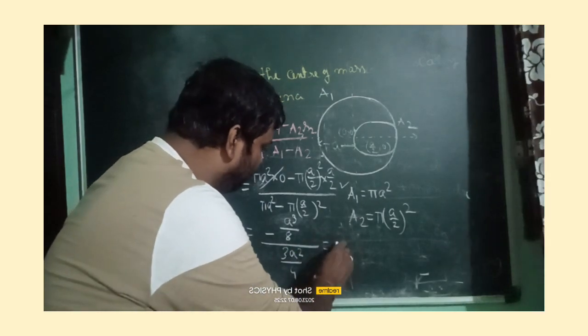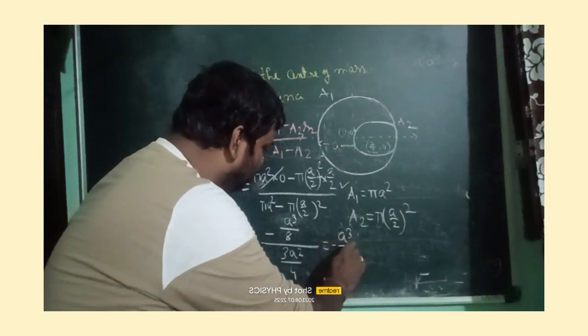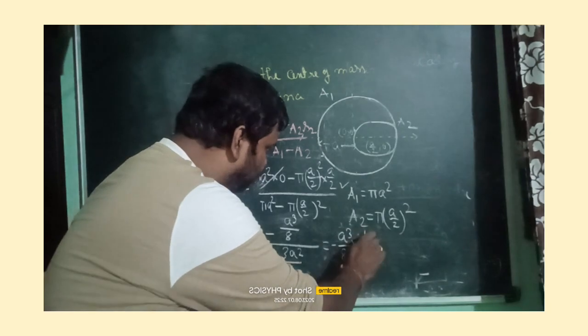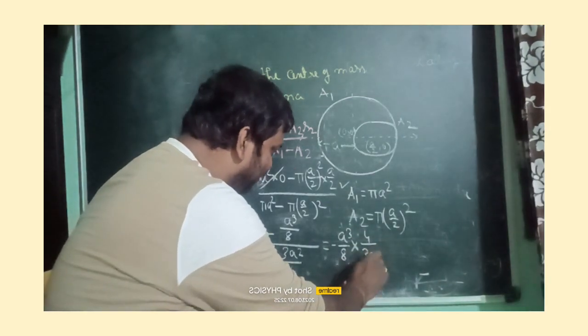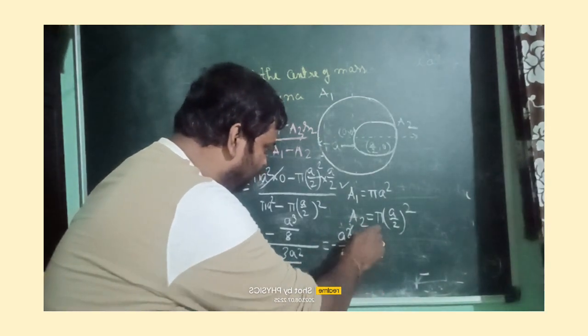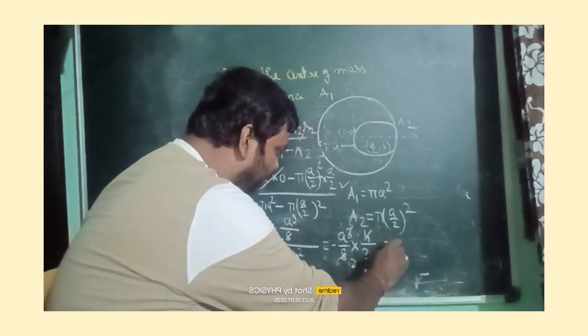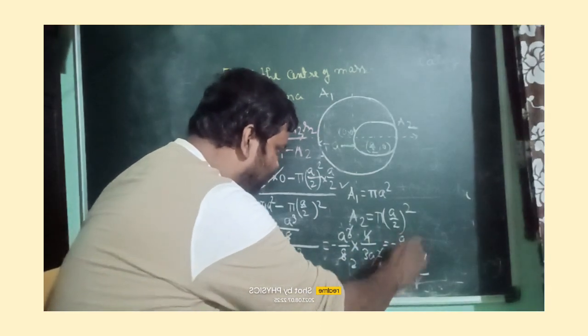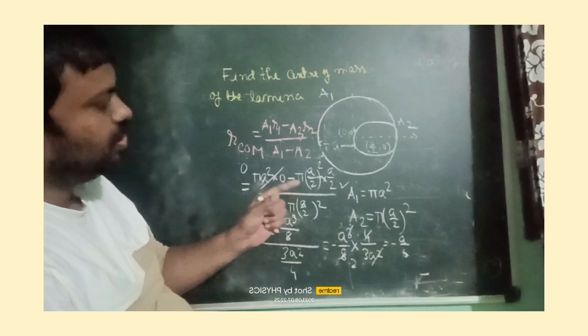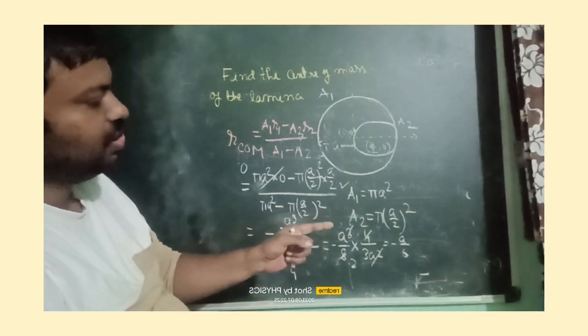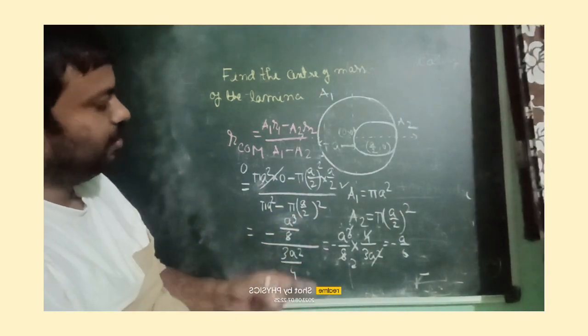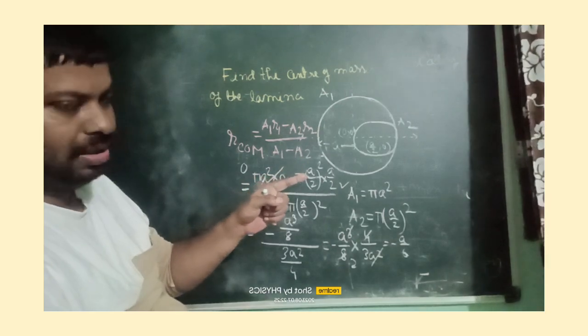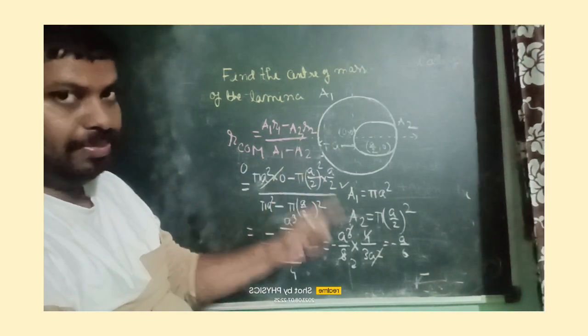That equals minus A cube by 8 into 4 by 3 A square, which is minus A by 6. So minus A by 6, comma 0, is the position of the center of mass for that kind of problem.